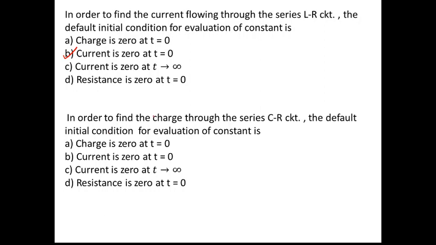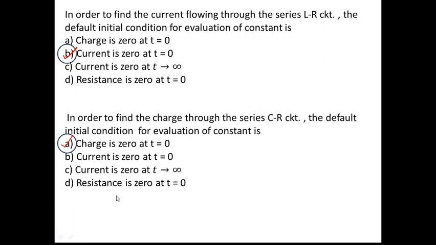Whereas if we wish to find out the charge through the CR series circuit, then the default initial condition is always that the charge is 0 at t equal to 0. So that is option number A. In this way one can solve the example based on the first order ordinary differential equation.